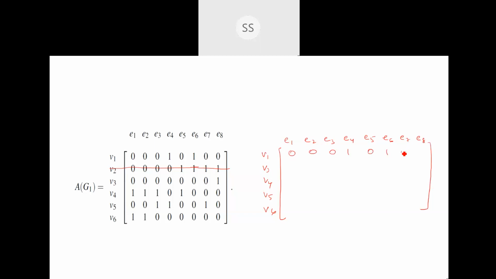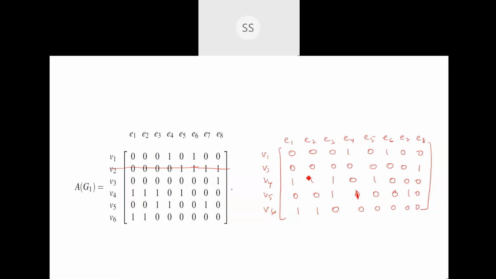I'm copying the same values here. 2 zeros, then again all zeros followed by 1, then I have 1, then 0, 0, 1, then 1, 1, 0. So 0, 1, 0, 0, 0, then 0, 0. What about my V5? It is 0, 1 here. And then 2 zeros followed by 1 and then a 0, and the rest are all zeros. So this is my resultant reduced incidence matrix.